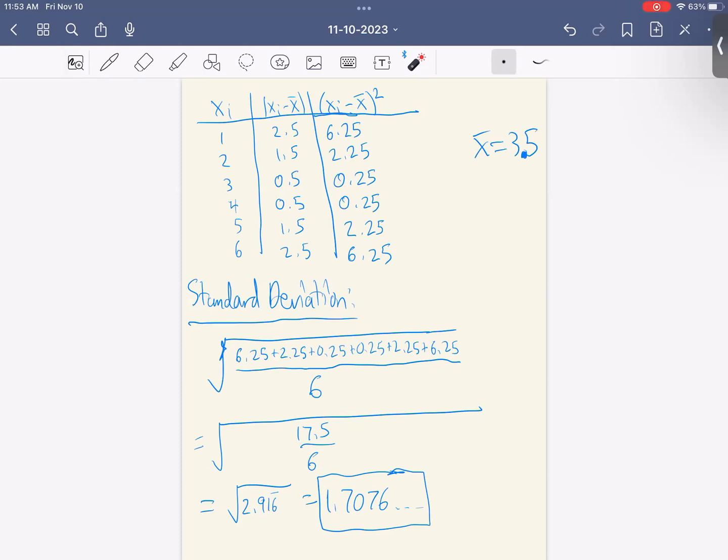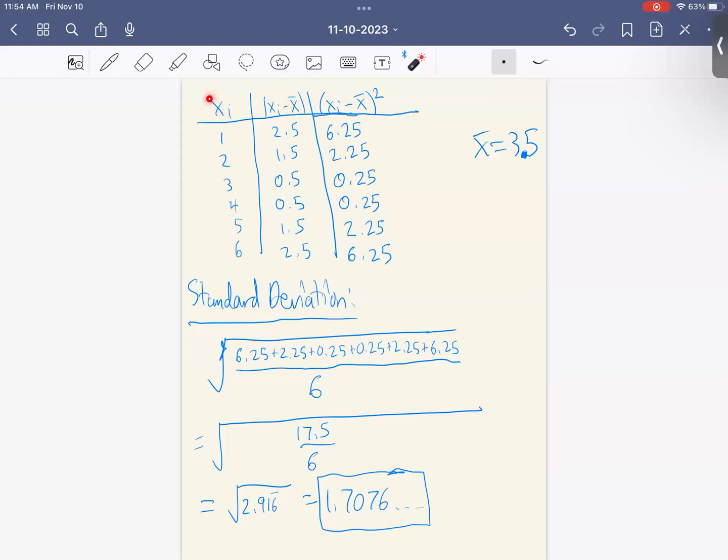Exactly. If every single entry is increased by 5, that means the average is also being increased by 5. So what we have here is a bunch of xi's. These are our data entries. These all get increased by 5, and the mean itself gets increased by 5, which means when we subtract them, nothing changes at all.